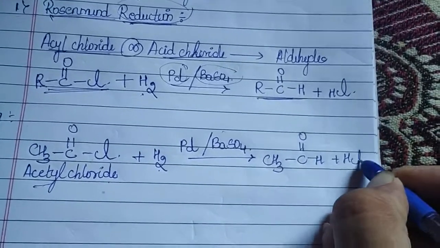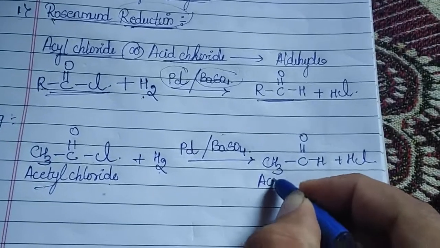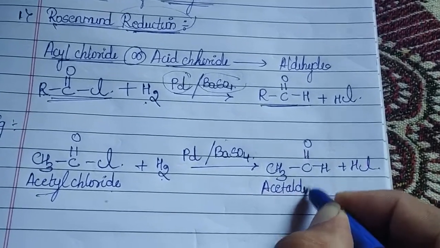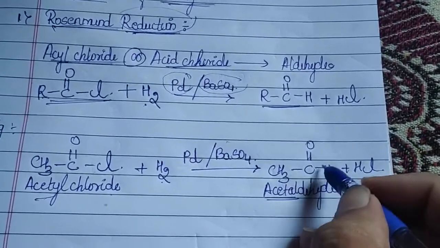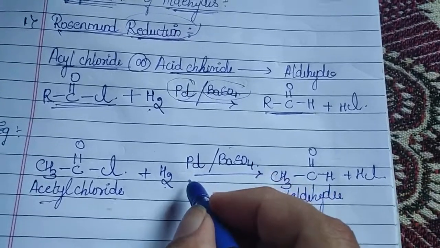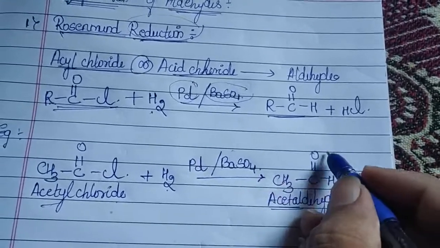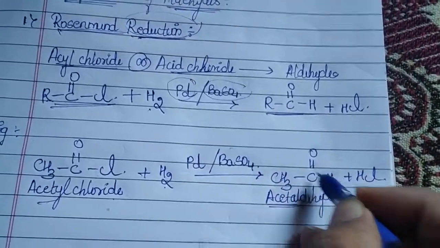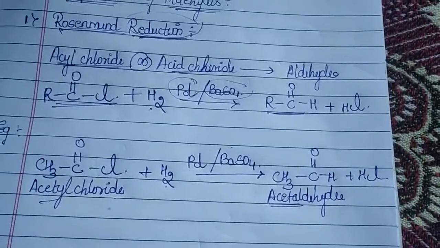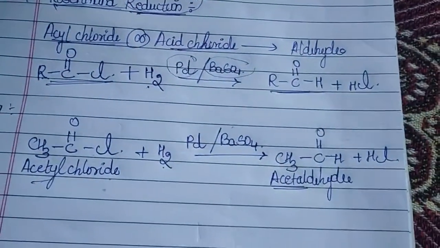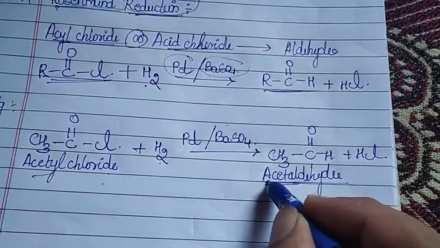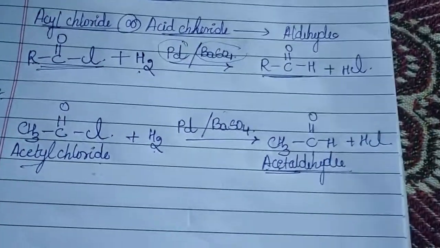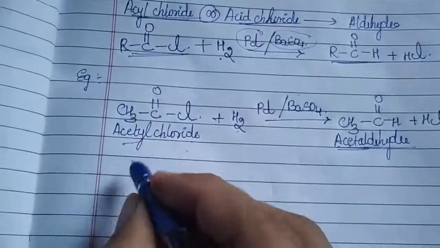How have I derived this name, acetaldehyde? If it was COOH instead of COH, what acid would we get? Acetic acid. So we take the ic acid and add aldehyde there. So it is called acetaldehyde.